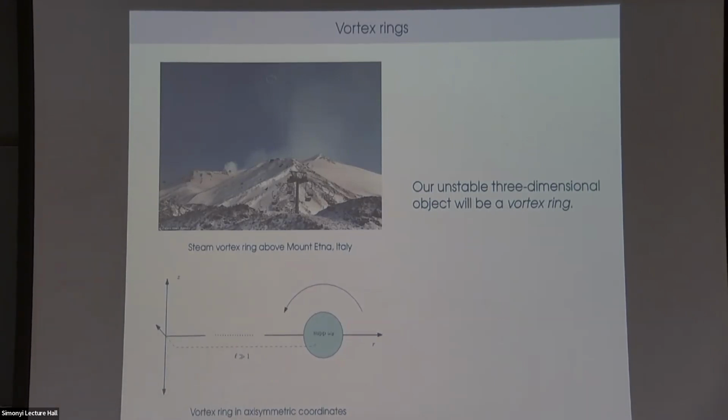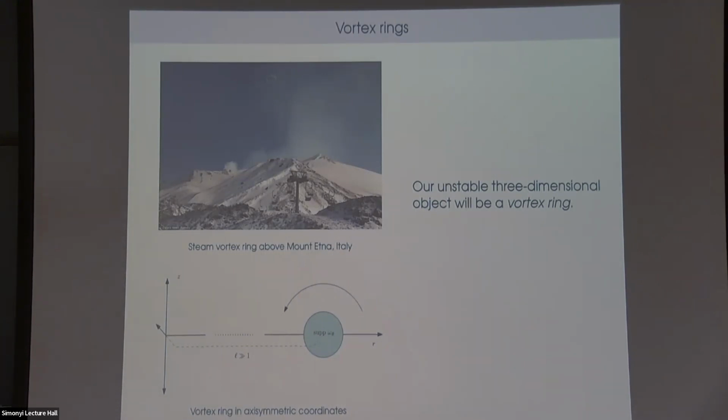And you hope that as you do this, the resulting object is unstable. It was unstable in 2D, maybe it'll be unstable in 3D. There's one more thing you can do. You can introduce this parameter little l. Little l is the distance from this core to the z-axis. Little l is going to be large. So these vortex rings, you might call them vortex rings of small aspect ratio.